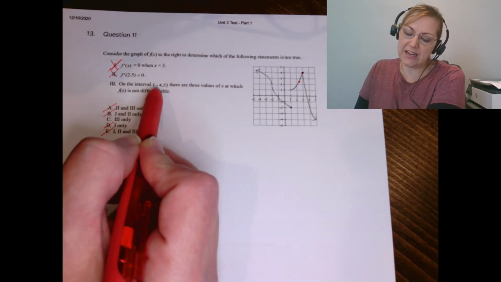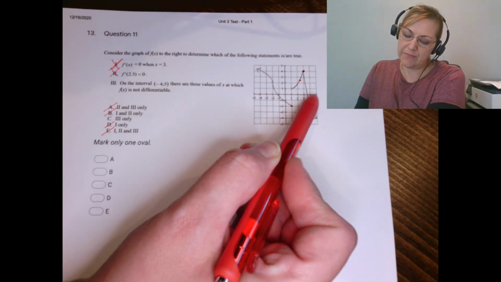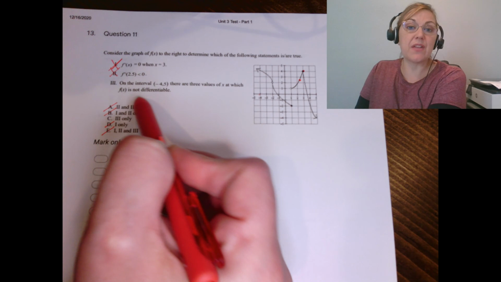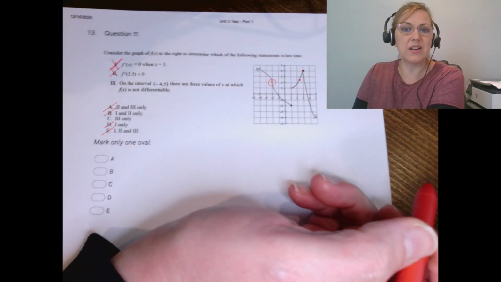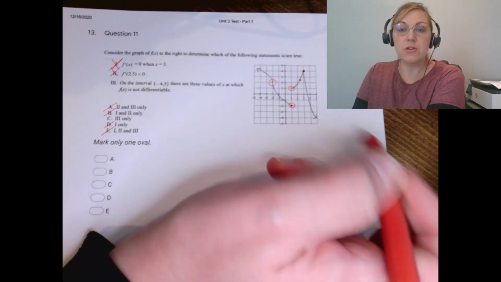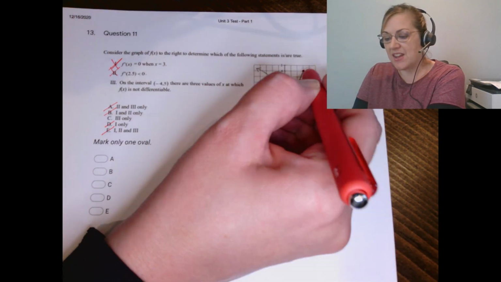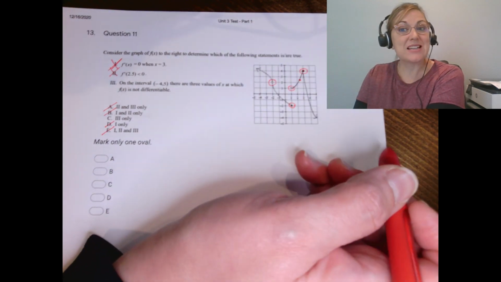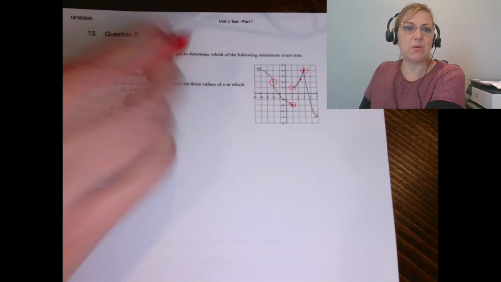It says on the interval negative 4 to 5, from here to here, there are 3 values where the function is not differentiable. I've got 1 because I've got a hole, not continuous. I've got a second place here because it's not continuous. There's a jump discontinuity. And then finally, I've got a third spot there because of the cusp. And so C has to be the only one that is true.